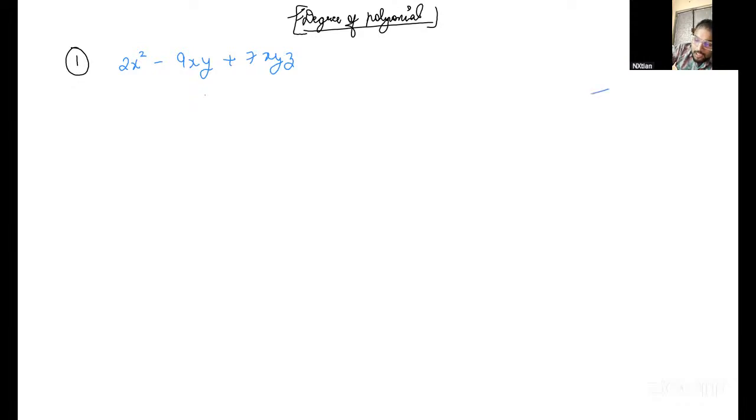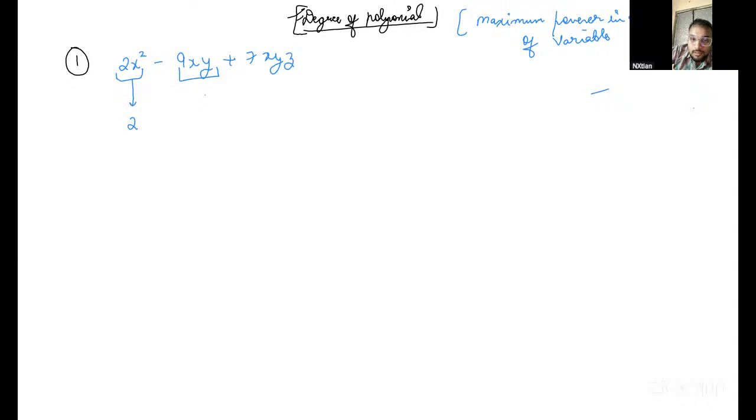So degree of polynomial is the maximum power or degree in a term. For example, if I talk about this term, the variable has maximum power 2. In this term, Ira, what is the maximum power of the variable?